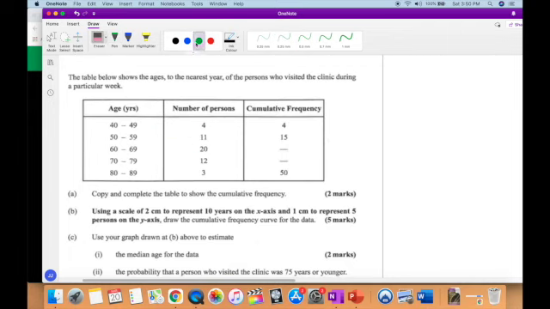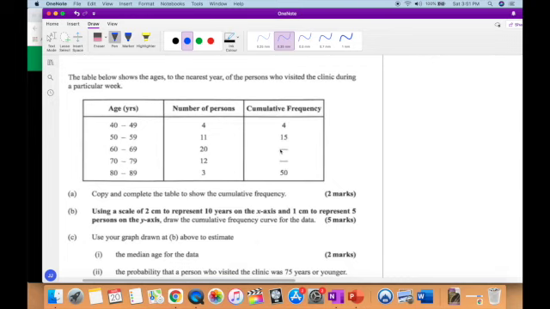Right? And what is the cumulative frequency? Well, we know cumulative frequency is just a matter of adding what came before. So this is the frequency of people that came before, organized by age brackets, and we can find the cumulative frequency. So 11 plus 4 is 15.